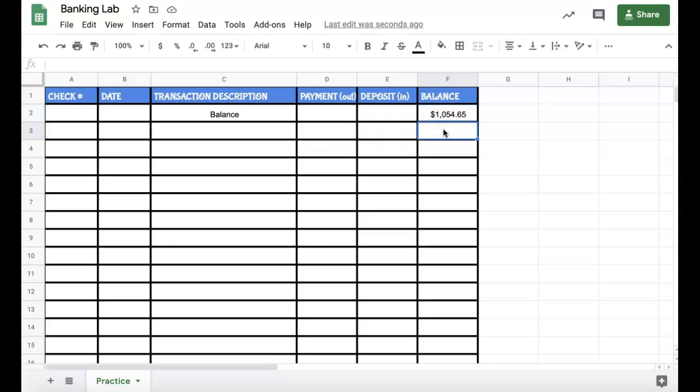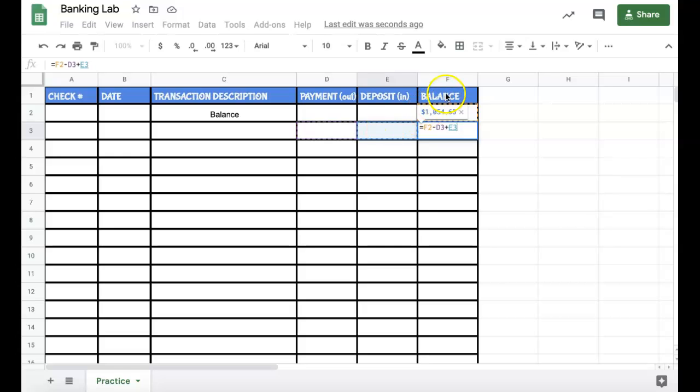So the next balance is going to be an equation: equals this cell, F2, the balance I had before, minus any payment I made on the next line, which is D3, because that's money leaving my account, and then plus any money I deposited in the account, which is plus E3.